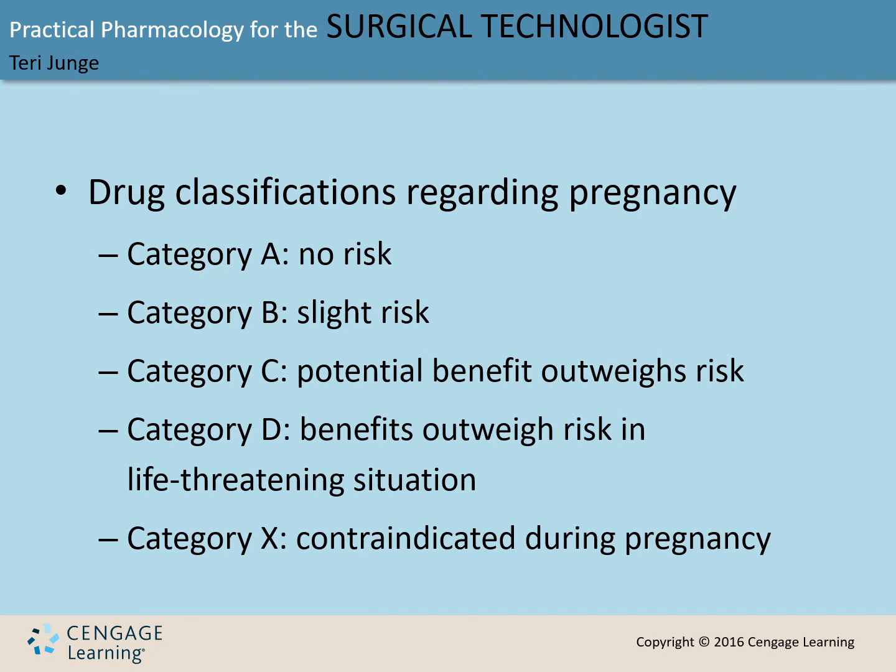Category D, similar. Benefits could outweigh the risks, but only in life-threatening situations. And then lastly, category X, under no circumstances is it indicated that pregnant women should have these categories of drugs, and they are contraindicated in all situations regardless.